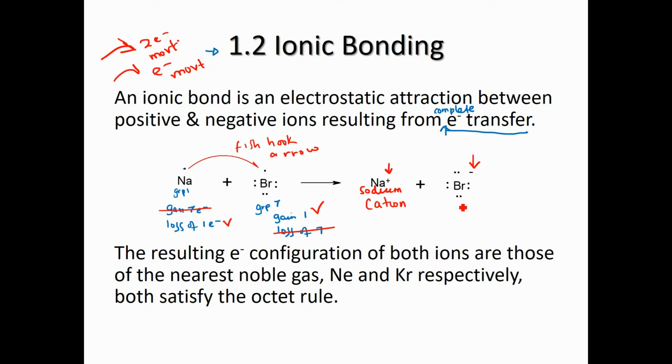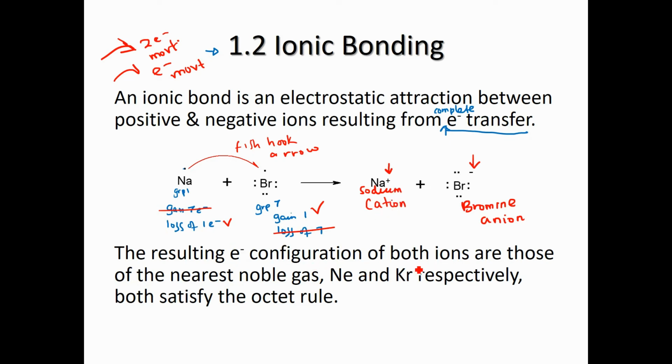Species that are negatively charged are called anions, so this is a bromine anion, not onion anion. Anions are formed by gaining electrons, cations are formed by losing electrons.